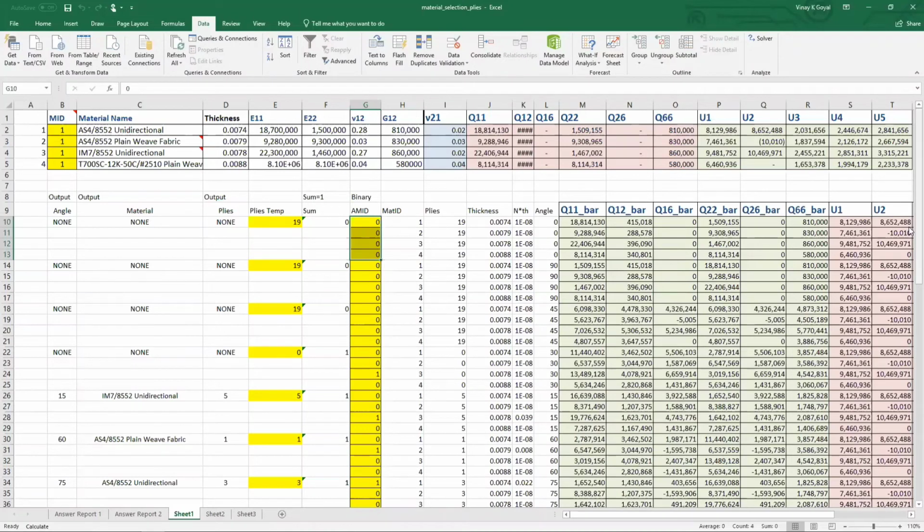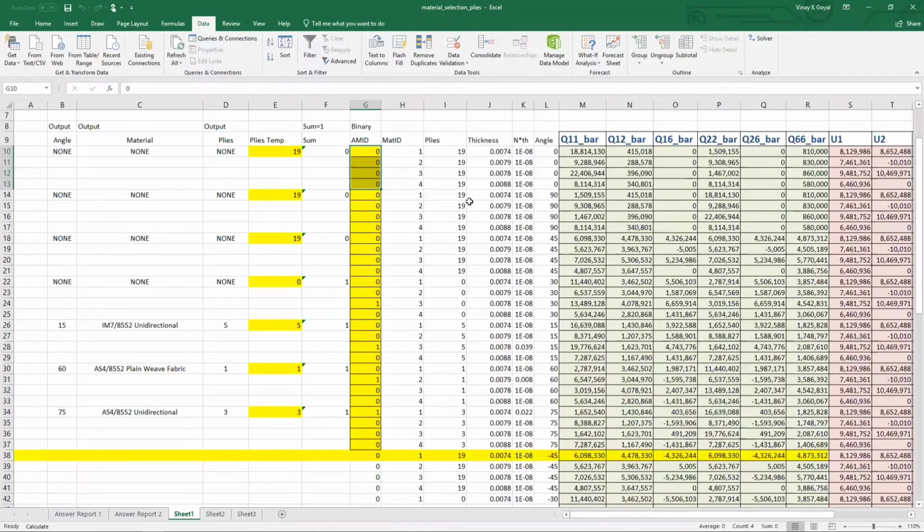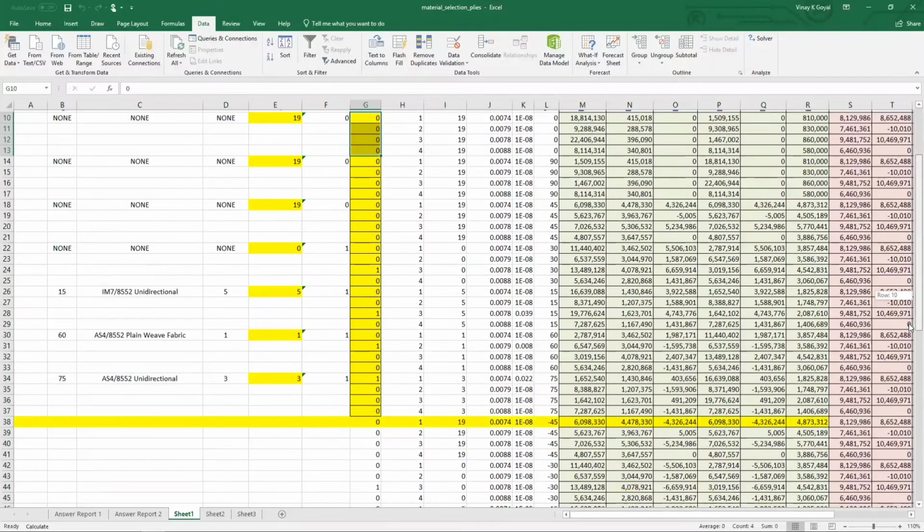And what we can see is the solution that came out is that we don't need any plies at 0 degrees, nothing at 90, nothing at 45, and nothing at 30. But it wants us to use 15, 60, and 75. 15 at five of them, 60 one of them, and 75 three of them. Now, it's interesting because that's different from what we got before.